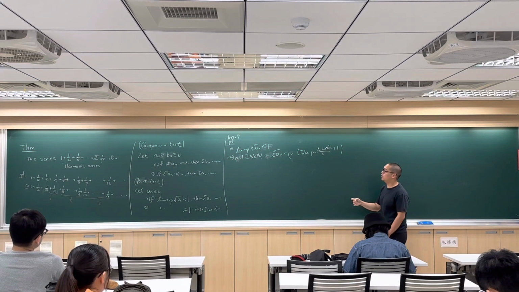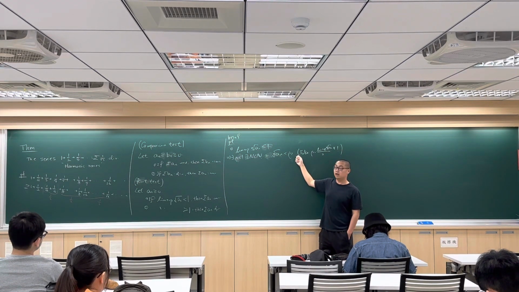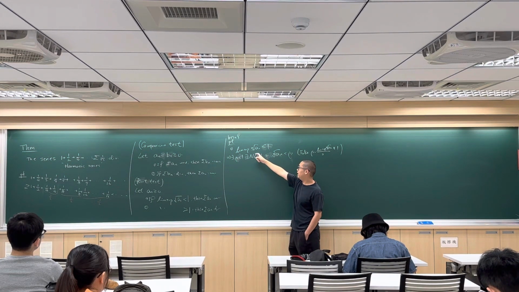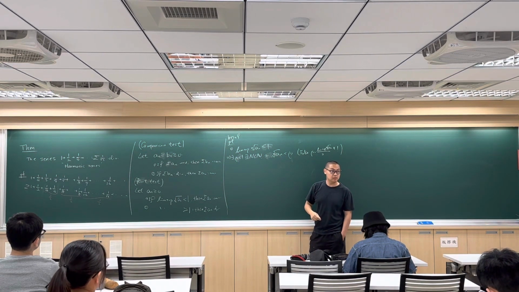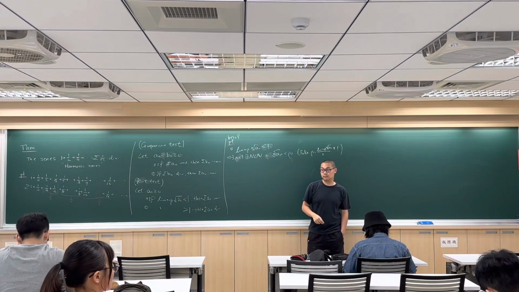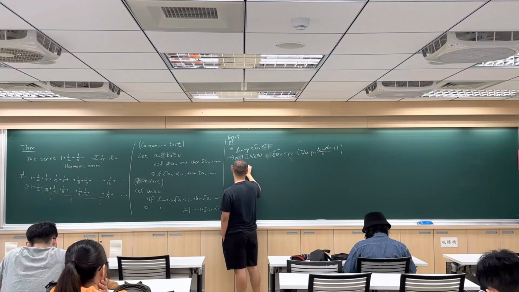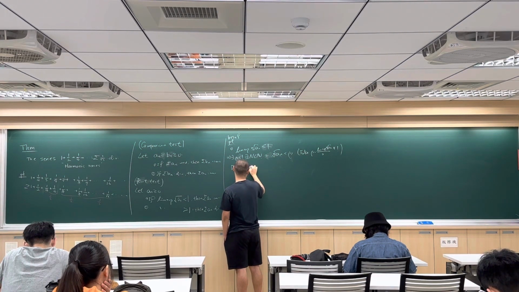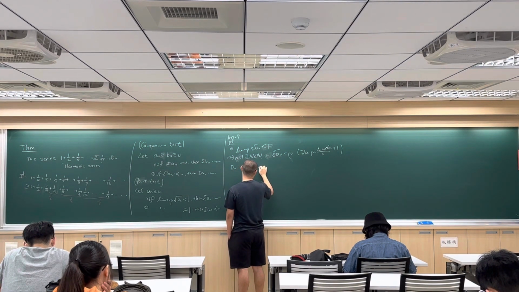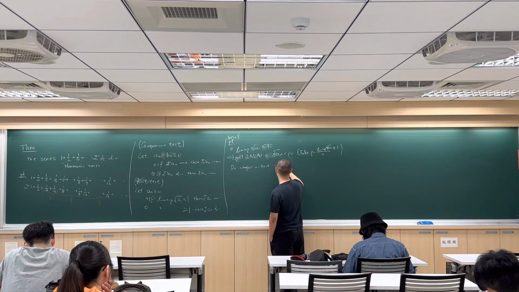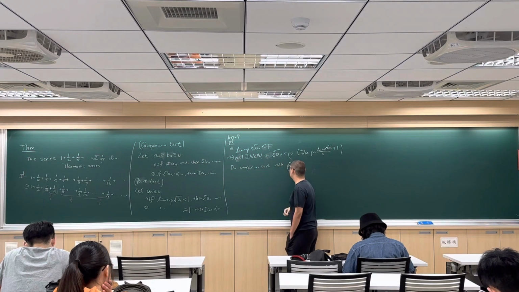So you can find this beta, and for large enough n, you have this inequality. And just do comparison tests with beta to the n.